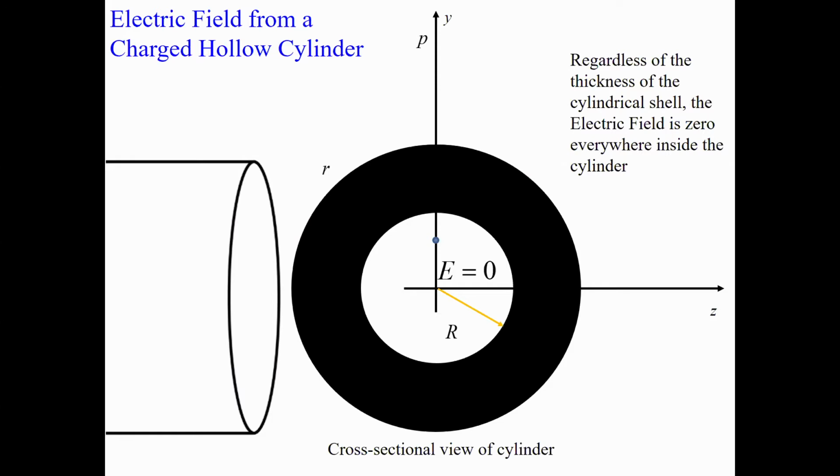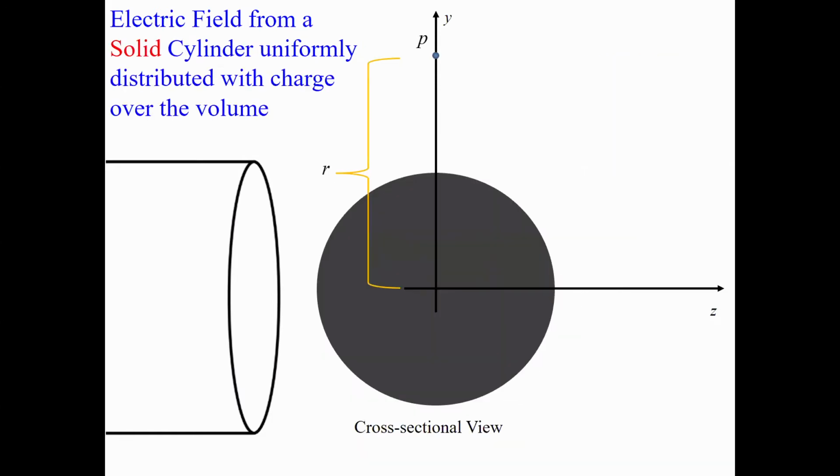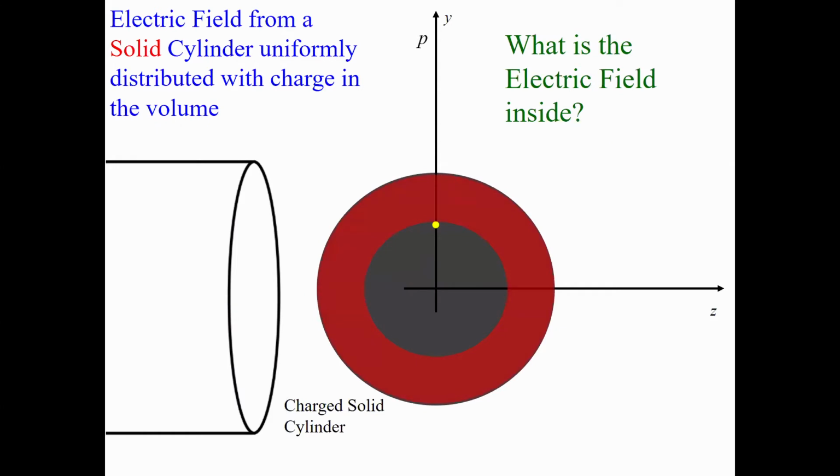Okay, this is just really bootstrapping this result to here. Let's say this gray part, we somehow can scoop out all the charge inside, and the only charge that's left is in the red part. Well then that section of the red part does not contribute to the electric field. It gives a 0 contribution. It's only the part on the inside here that contributes to the electric field.